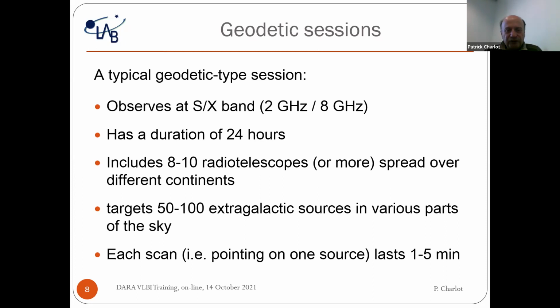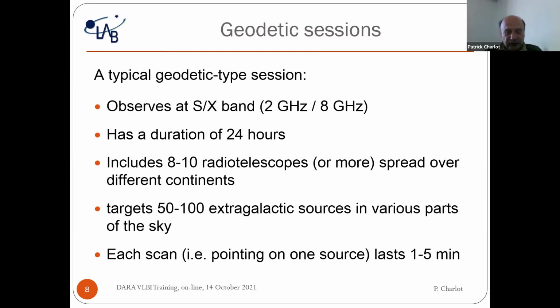You usually use 8 to 10 radio telescopes, or even more. You can go up to 15 or even more, which you want to spread over different continents, so that you get really intercontinental baselines and high resolution, and then high precision in the data that you measure. You usually observe between 50 and 100 extragalactic sources in various parts of the sky.